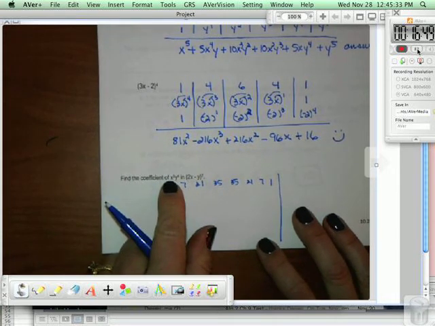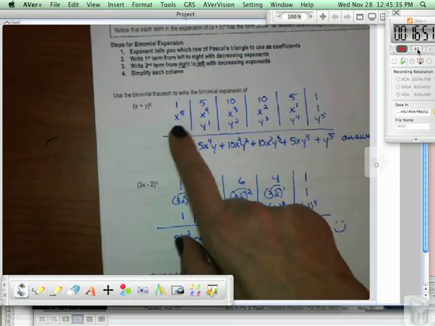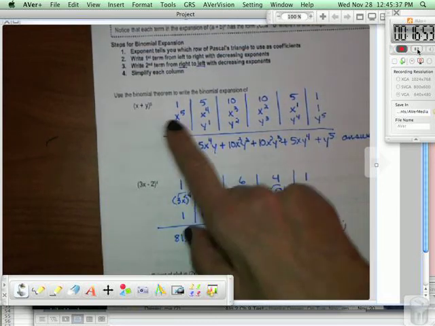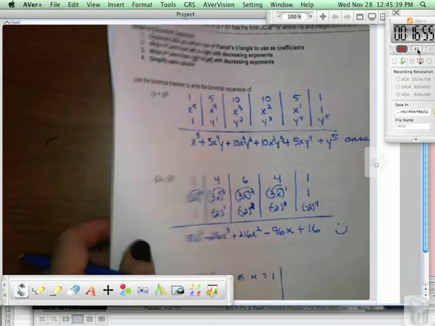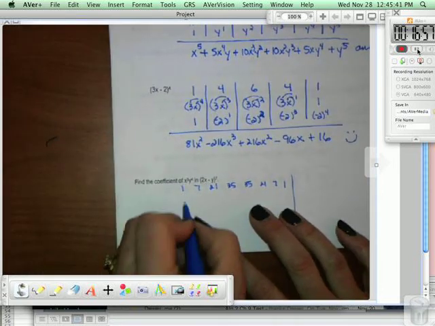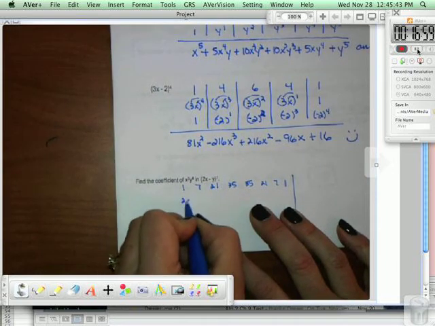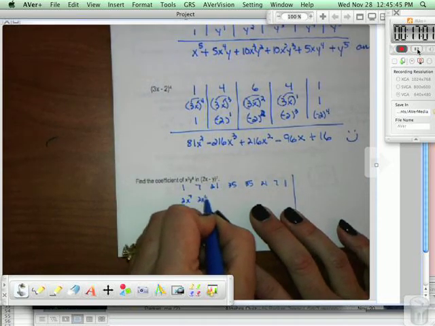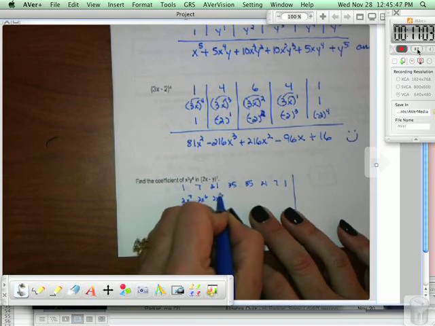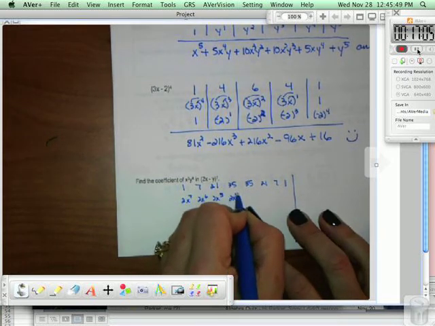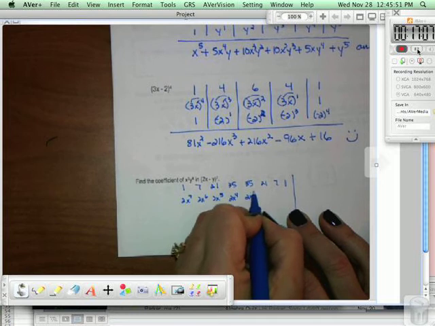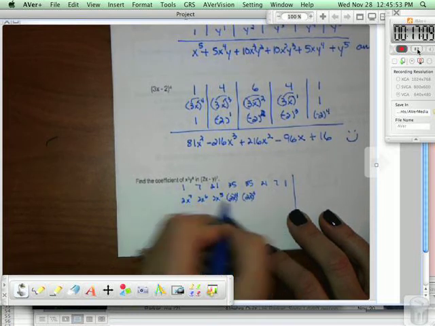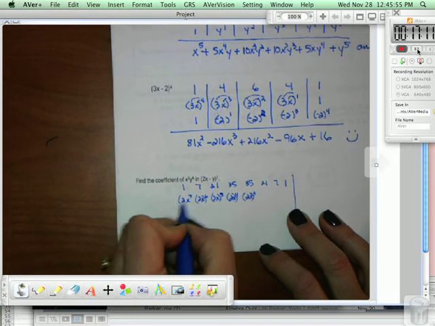And if you remember our method up here, we started out with the highest exponent for my x, so I'm just going to go here. So this first position would be 2x to the 7, 2x to the 6, 2x to the 5th, 2x to the 4th. Oh, look. Here is where I hit the third.